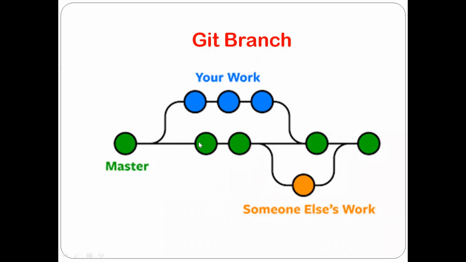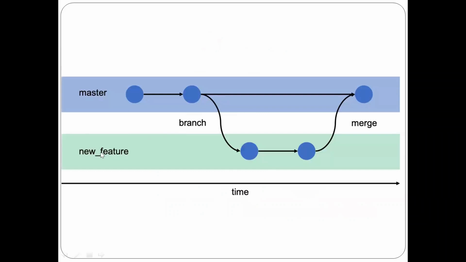This branch doesn't know the work done in that branch. And if we create a new feature branch and create some files and commit them, these commits and files are not known to other branches, and the changes made on this branch do not affect the other branches.